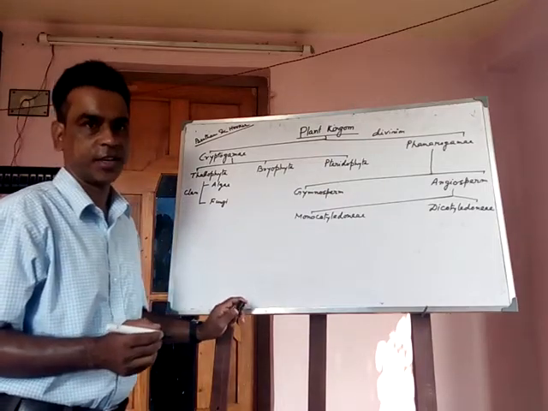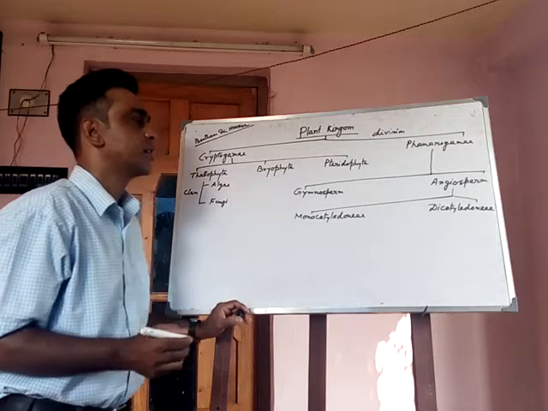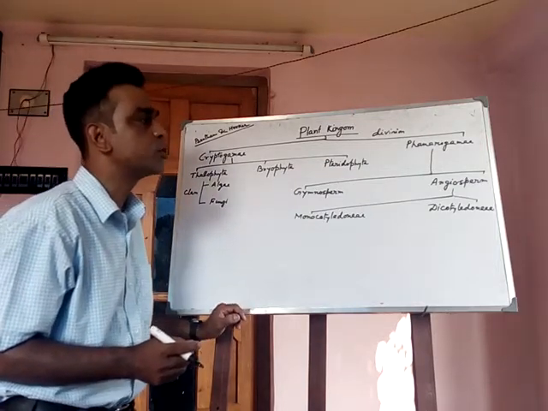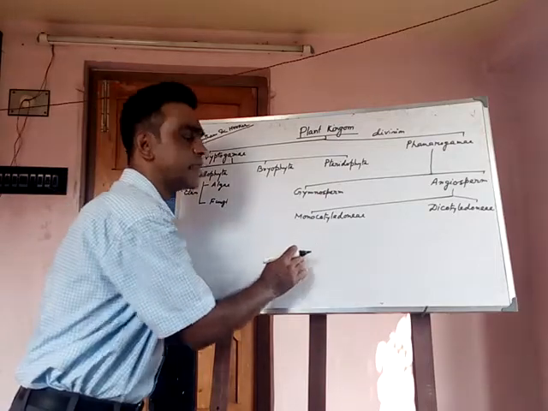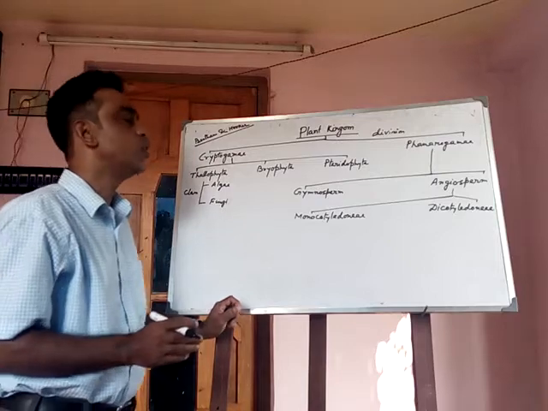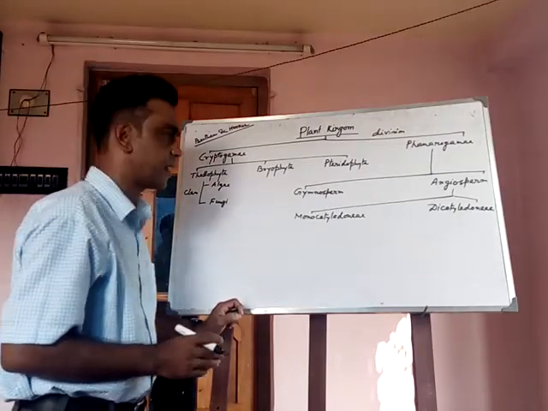Cotyledon means the seed leaf. According to the number of seed leaves, the angiosperm group with a single seed leaf is called monocotyledon, such as Oryza sativa, Triticum aestivum, maize, etc.